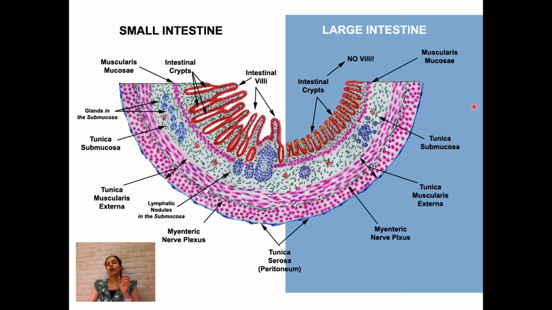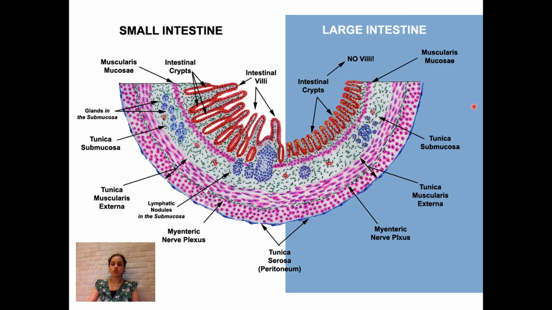Among these segments, the appendix, transverse colon and sigmoid colon are intraperitoneal. In those areas you will see serosa, which is connective tissue with mesothelium. But the rest, the retroperitoneal segments, have adventitia.